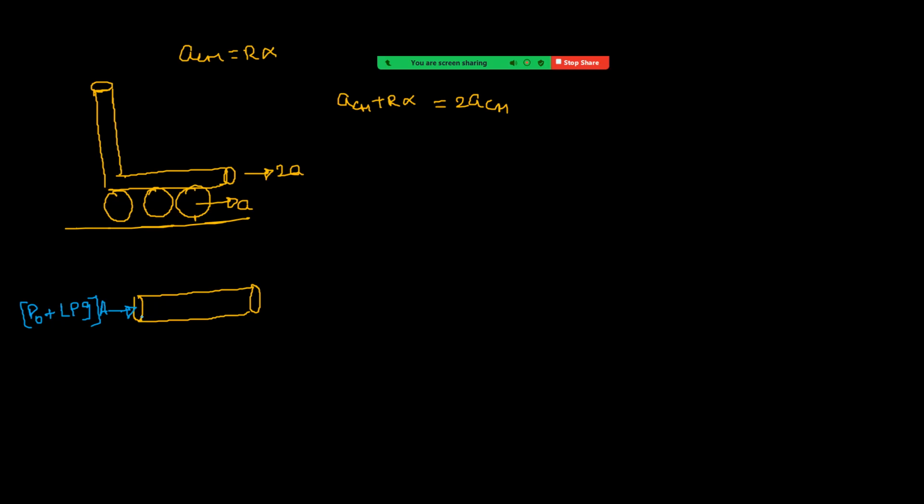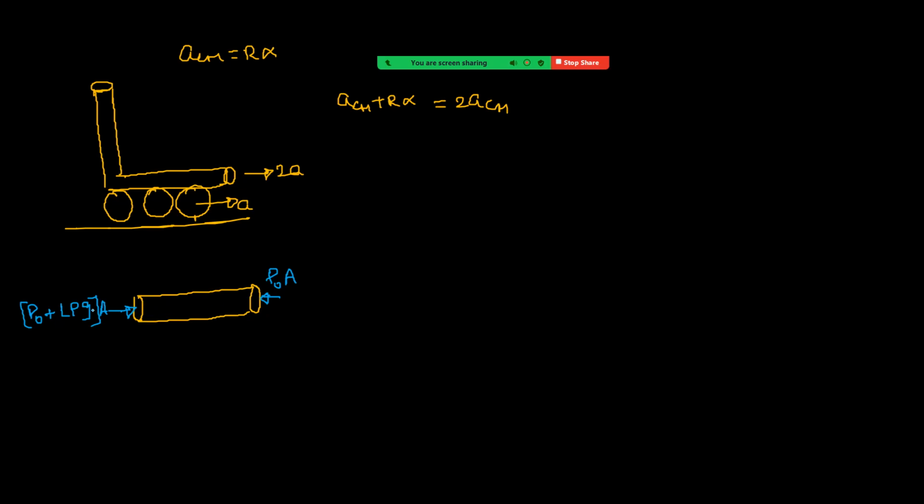Now focus carefully here. Force acting on this face is equal to P naught into A, because liquid is not coming outside. Pressure is now that of atmosphere. Now see carefully.